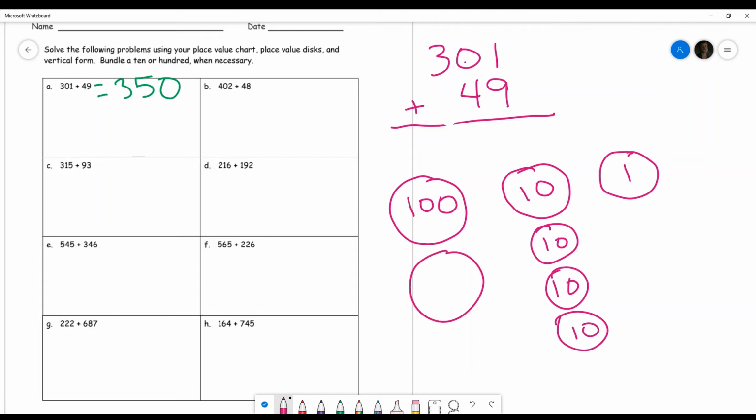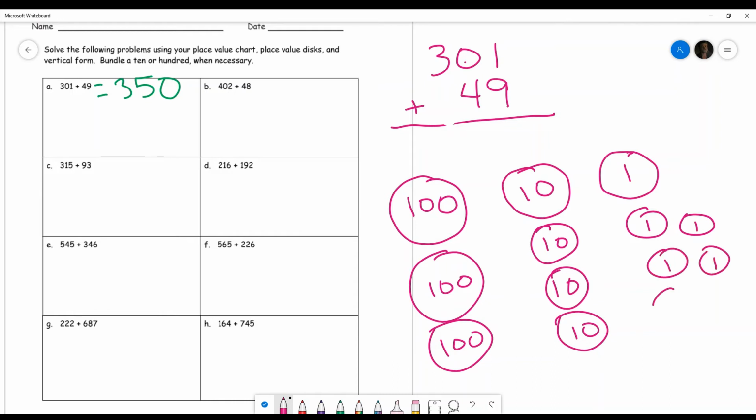And then you would need, let's see, we would need 4 of those. We would need 3 of these. And then I would need 9 more of these. 6, 7, 8, 9. And then you would count them. So let's count our ones. 1, 2, 3, 4, 5, 6, 7, 8, 9, 10.